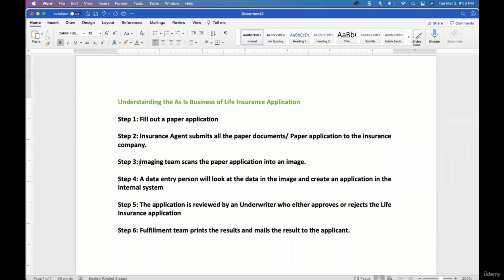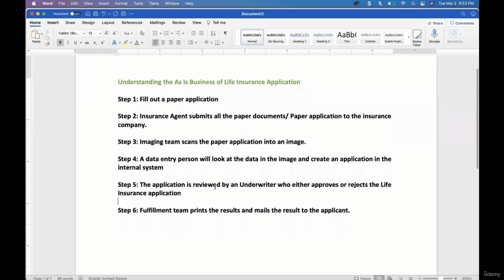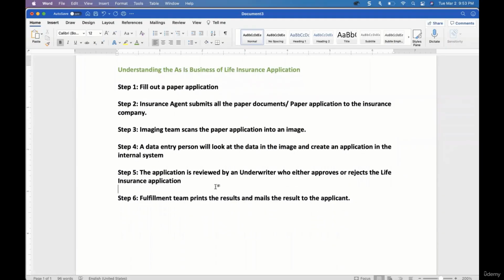All right. So this is the complete process of applying for a life insurance and whether it's approved or rejected. So this captures everything. So now you are the business owner of life insurance. You're the business owner of this particular LOB, line of business.